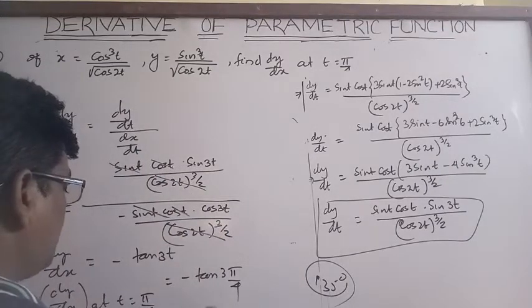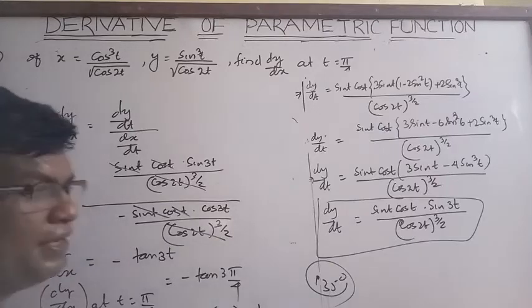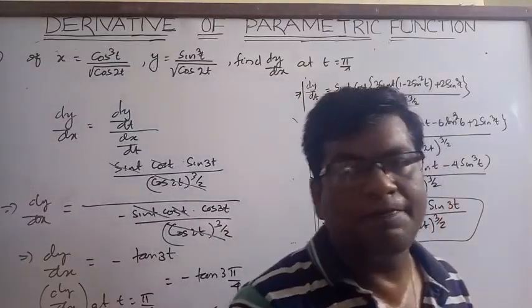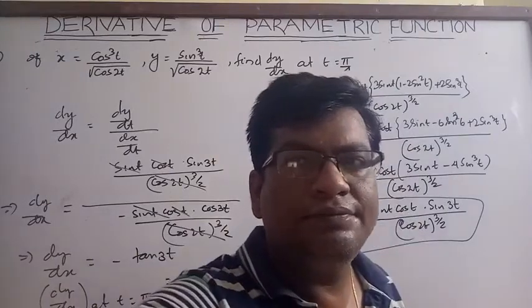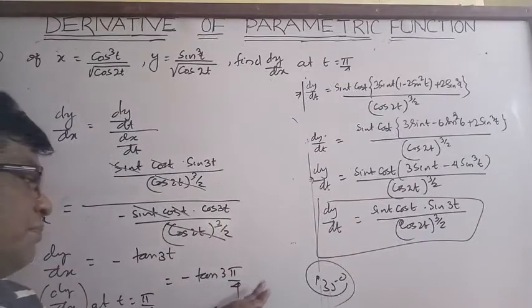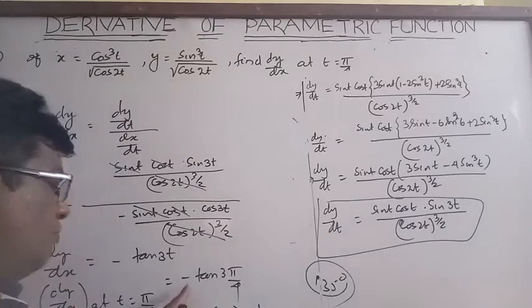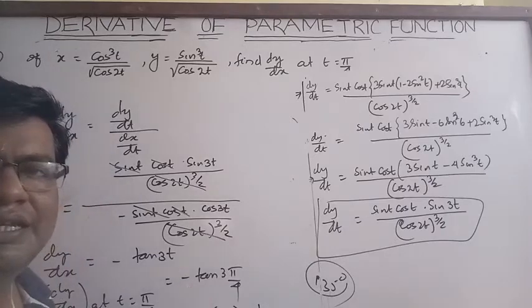So minus of minus 1, this is 1. This is the final answer. Tan 135 degrees is minus 1, but the minus sign is present before it, so the answer is 1.